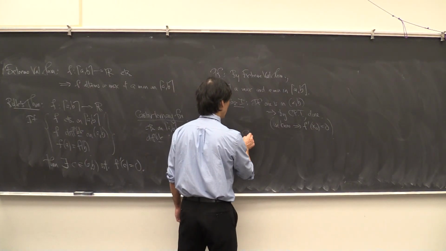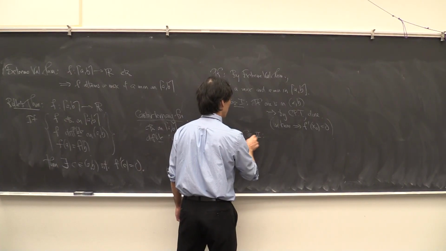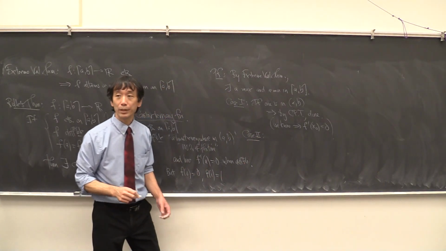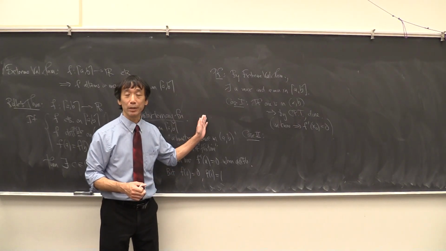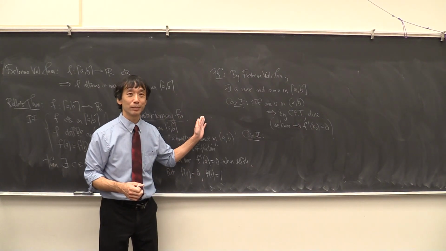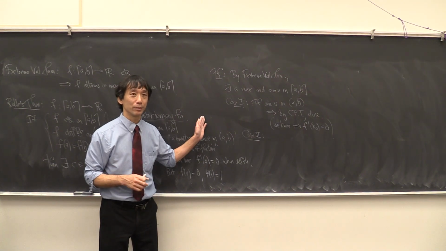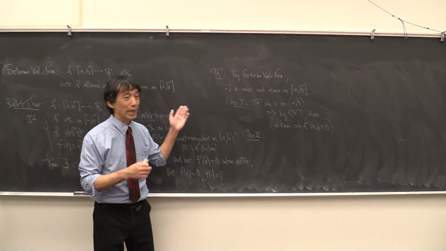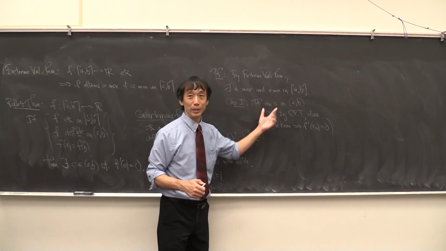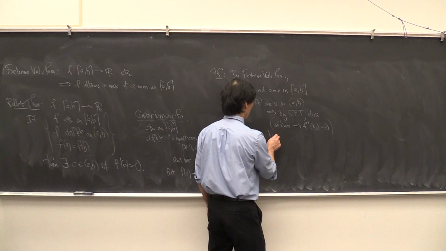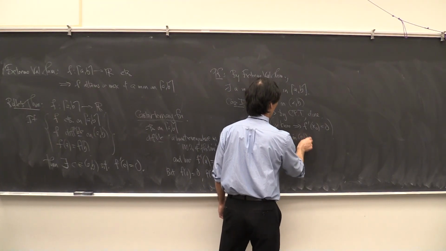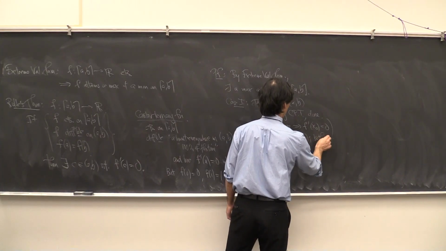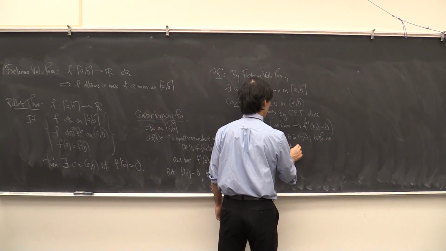Okay. What's the other case? First case is one of the points is in (a, b). What's the other case? Rishi? Both of the extrema are the endpoints. That's right. Neither of the points is in the interior. In other words, both are at the endpoints.